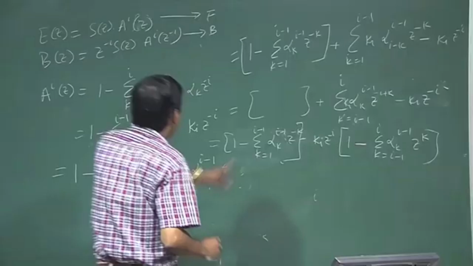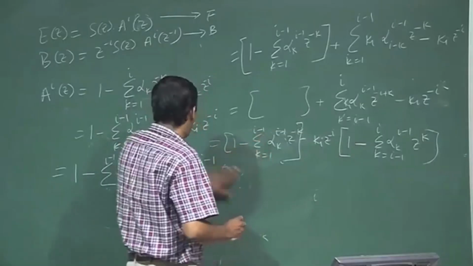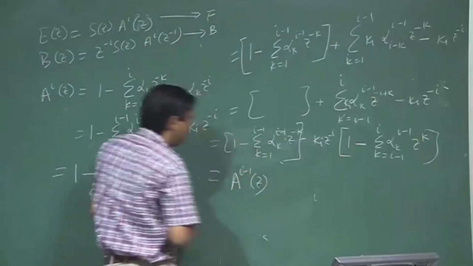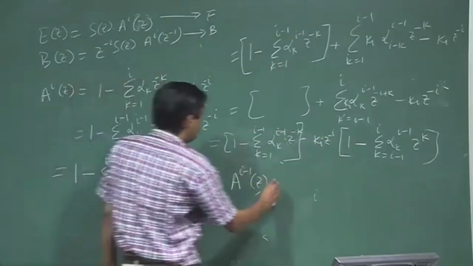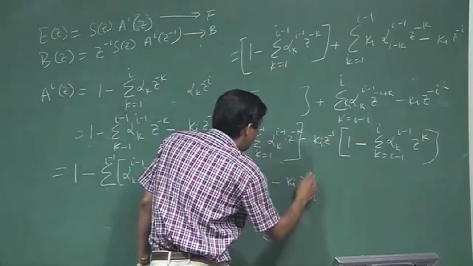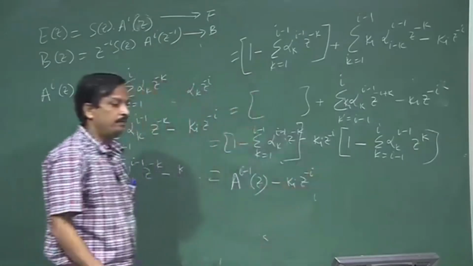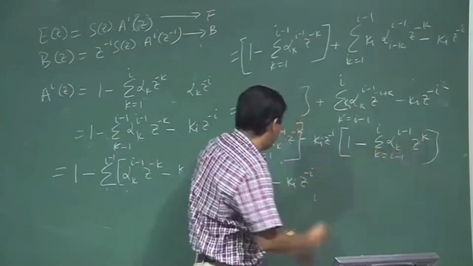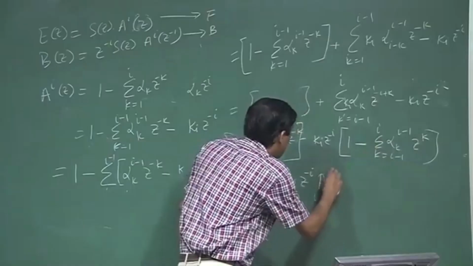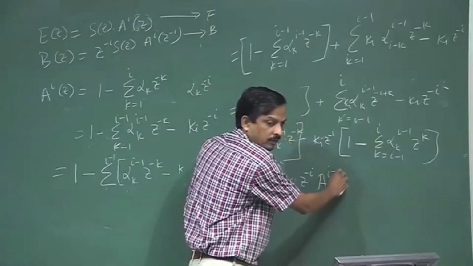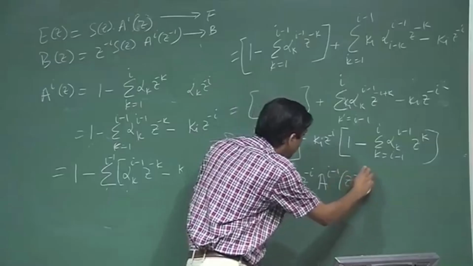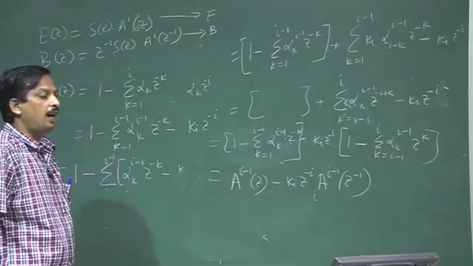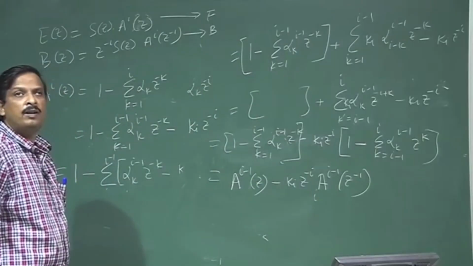If I say this is the (i minus 1)th order predictor, then this is A i minus 1 of z, minus k i z to the power minus i, into, since it is z to the power plus k, A i minus 1 of z to the power minus 1.